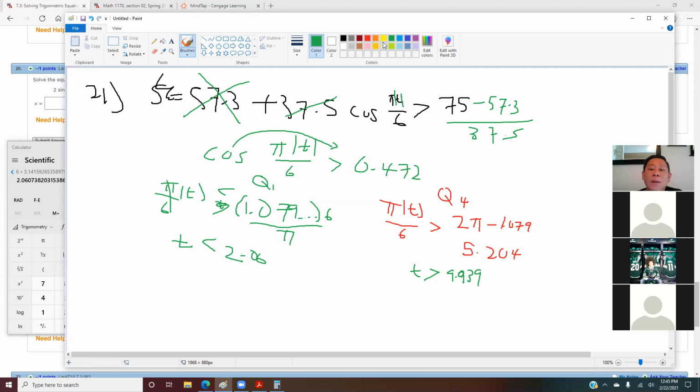So can someone tell me what number is less than 2.06? 1 and 2. That means, don't forget, these are months. So January and February. And can someone tell me what number is greater than 9.93? 10, 11, and 12.